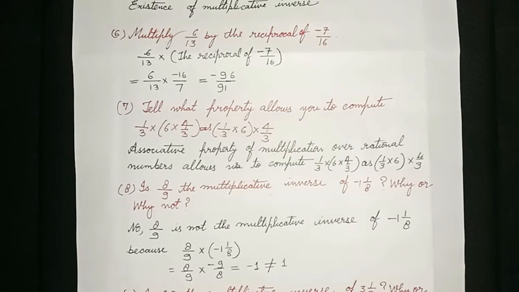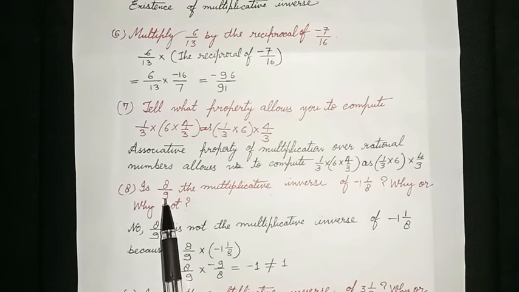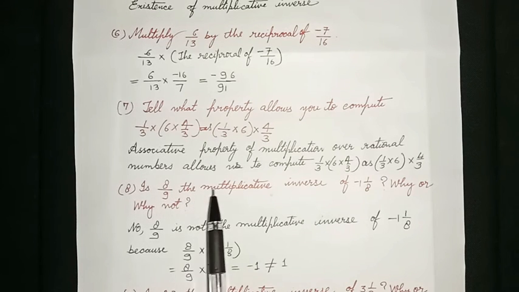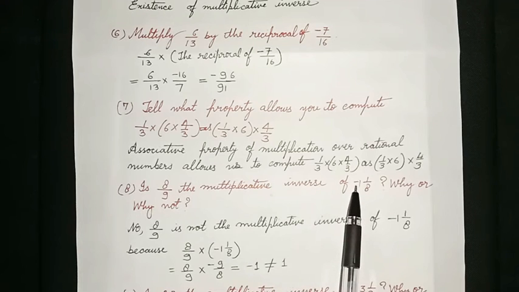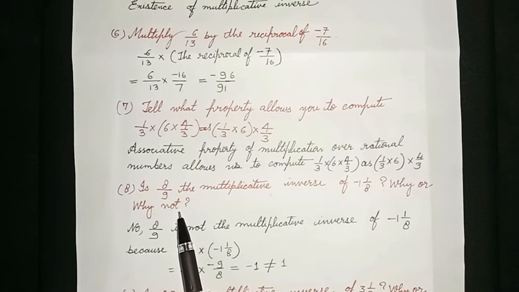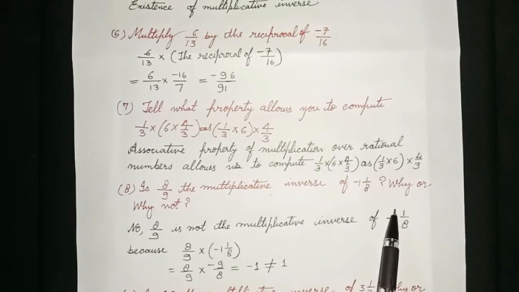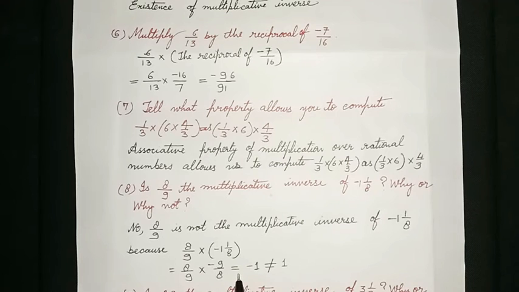Now question number 8 is: is 8 upon 9 the multiplicative inverse of minus 1 whole 1 upon 8? Why or why not? No, 8 upon 9 is not the multiplicative inverse of minus 1 whole 1 by 8. Why? Because if you multiply 8 upon 9 with this number, we do not get 1.